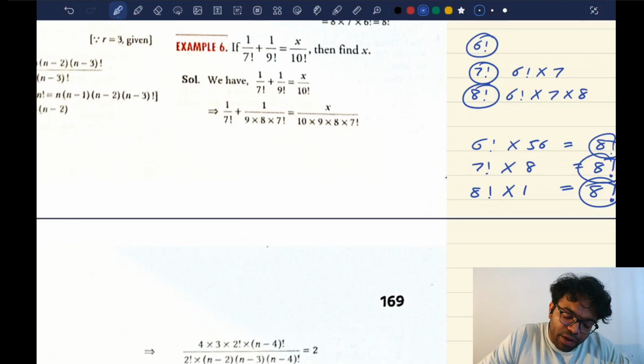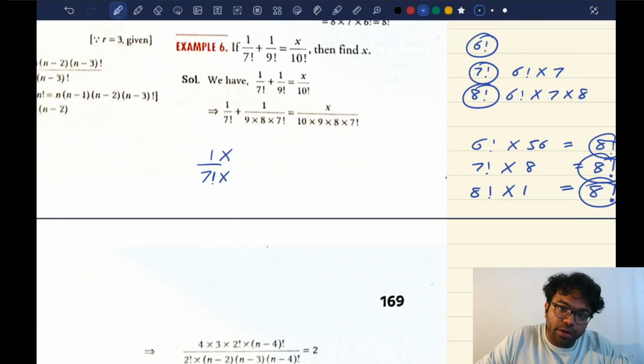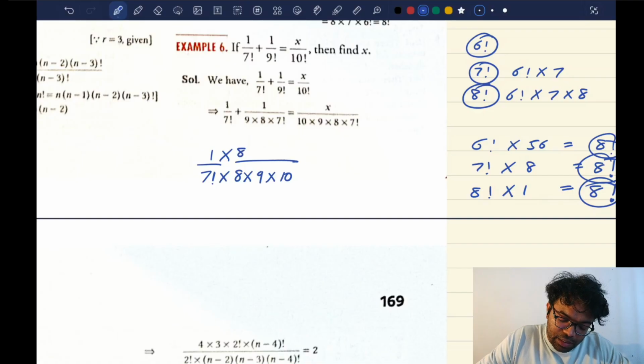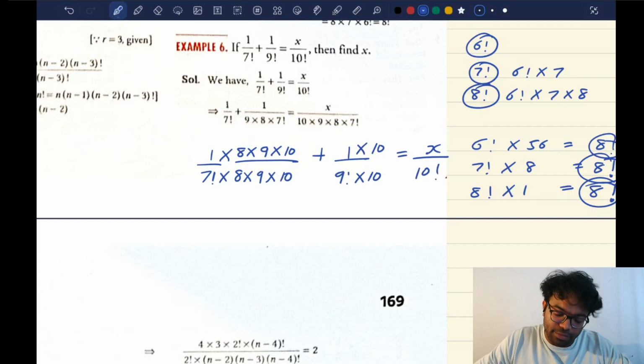To make 7 factorial into 9 factorial, what should I do? 1 upon 7 factorial multiplied by 8 into 9 into 10 upon 8 into 9 into 10, plus 1 upon 9 factorial multiplied by 10 upon 10, is equal to x upon 10 factorial.